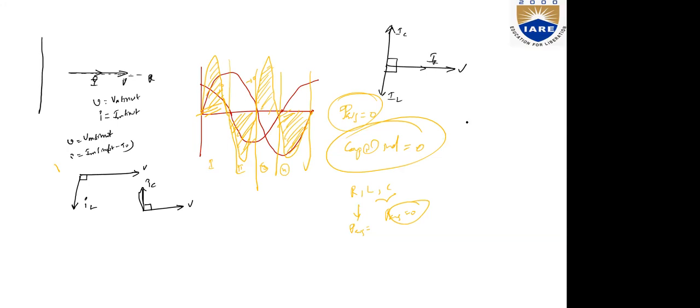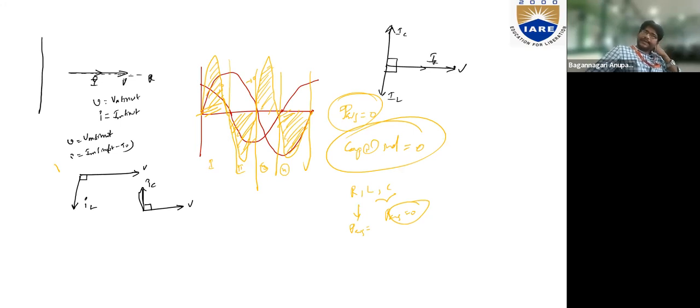Yes, sir. Suppose I want to get this in terms of a voltage triangle. Just multiply with R on all sides: multiply IR by R, IC by XC, and IL by XL. If a triangle is formed here, we call it a voltage triangle.